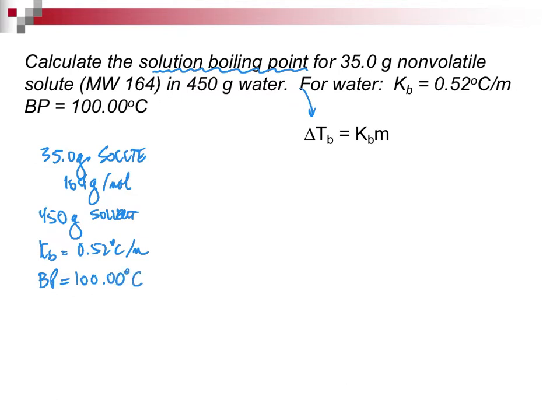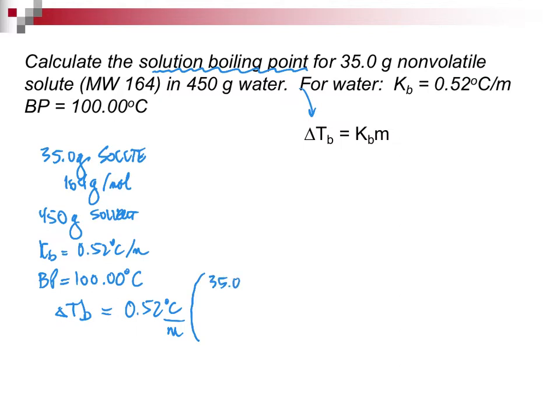So if you were with me last semester, I always said try to work everything out in one line so you can tap it into your calculator. Delta TB, that's what we're looking for. We want to know what's the change. KB, 0.52 degrees centigrade for every molal. Now what I'm going to do is I'm going to do my entire molal calculation in one spot.